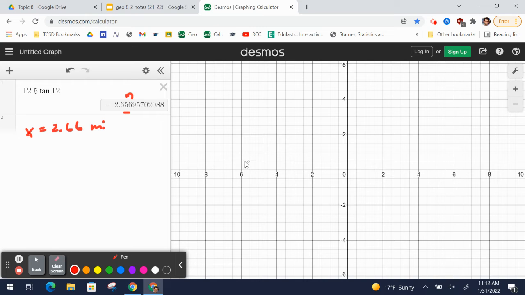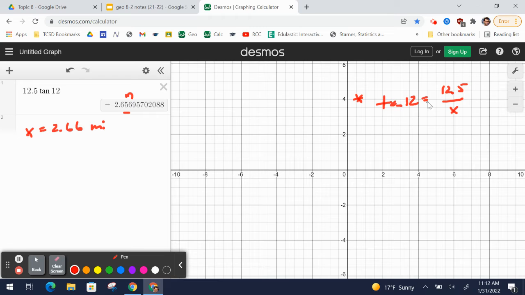Okay? Now, as a sidebar, say that your equation was this. Tangent of 12 equals 12.5 over x. Say that the x was in the denominator. You're going to use this. It's a very sophisticated method. It's called the switcheroo.